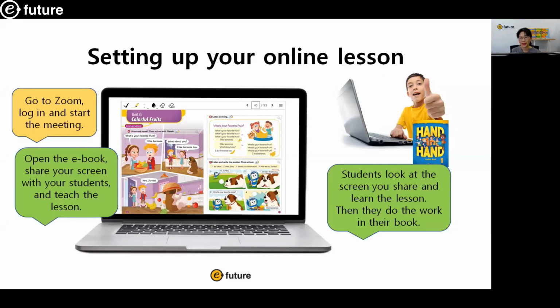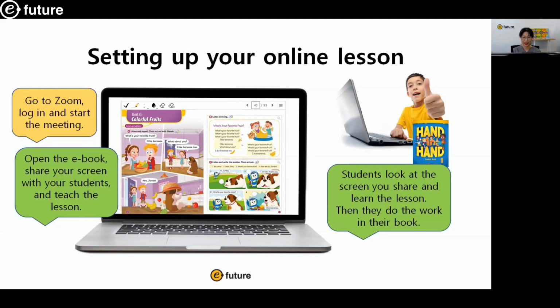Then they do the work in their book. Students will have their student book and workbook, and they will learn the lesson online, and then they can do the work in their book. So that's the setup. That's the basic setup.